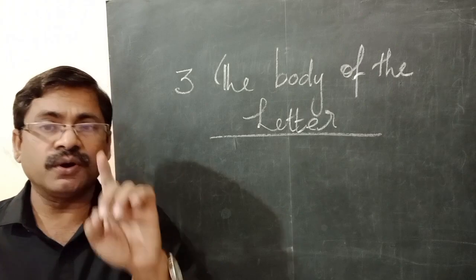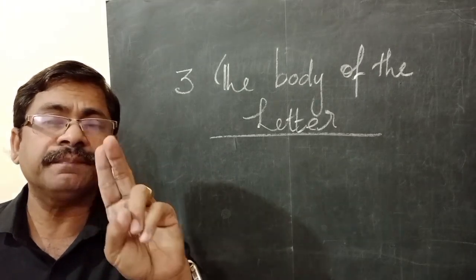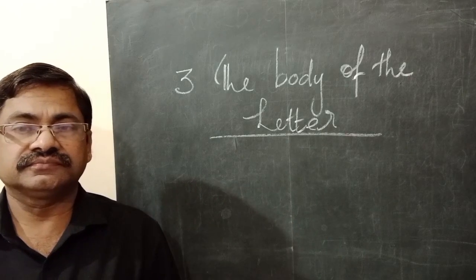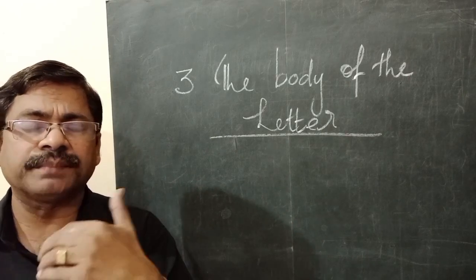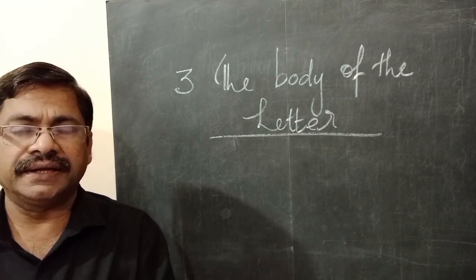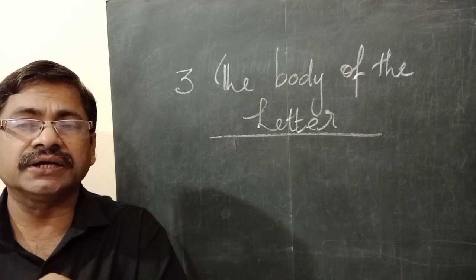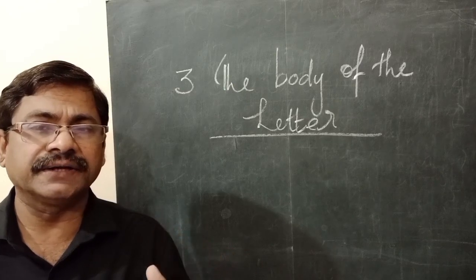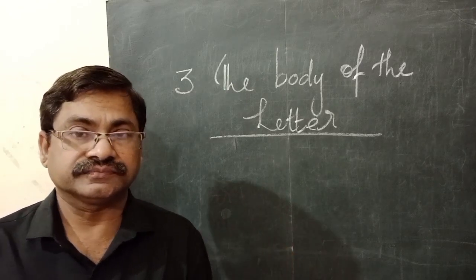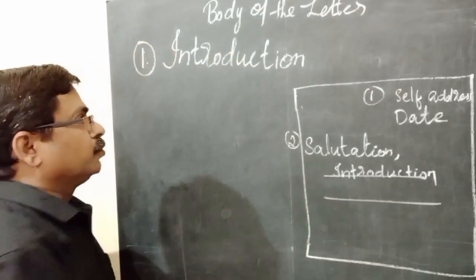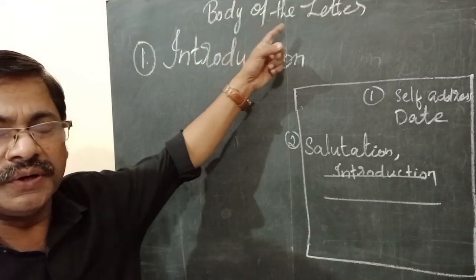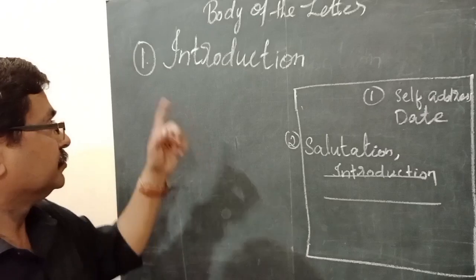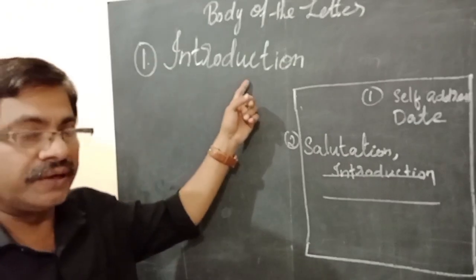The body of the letter consists of three paragraphs. First, an introduction, the next one is the purpose, and the last one is a concluding paragraph. Now let us find out how we can write the body of the letter. You have to write it using three paragraphs, of which the first one is an introduction.